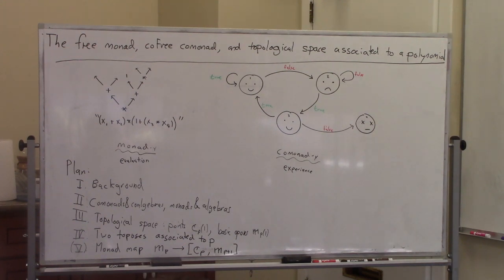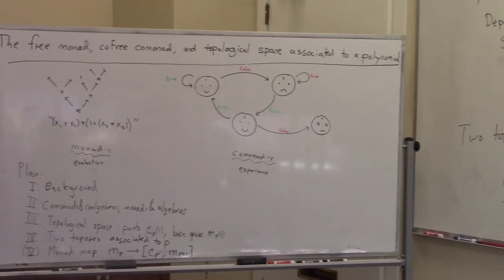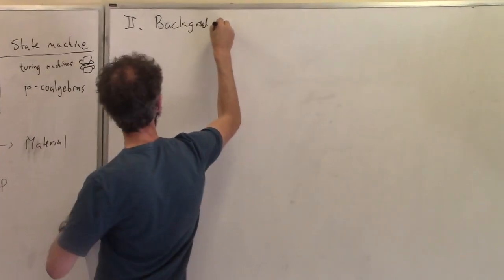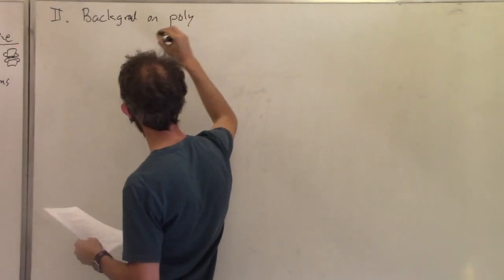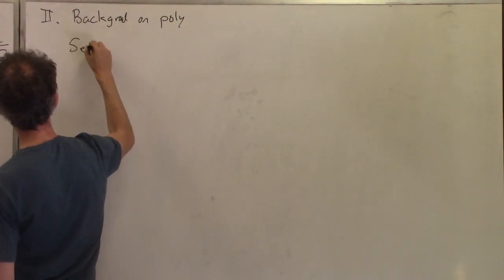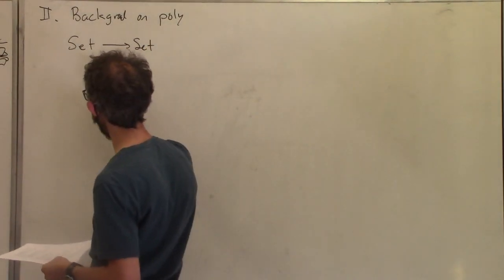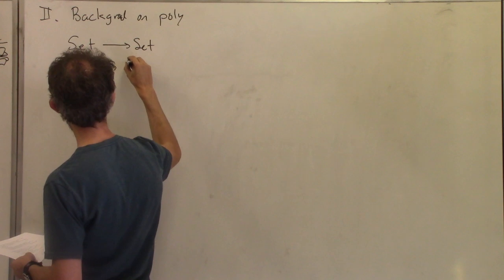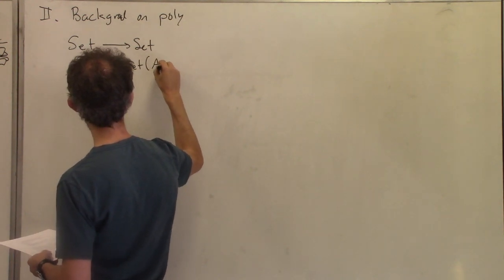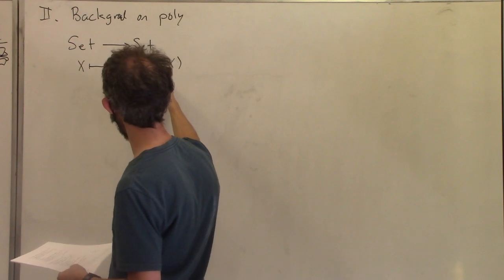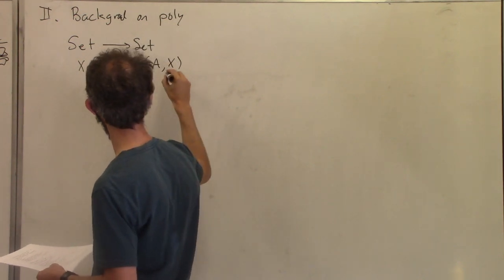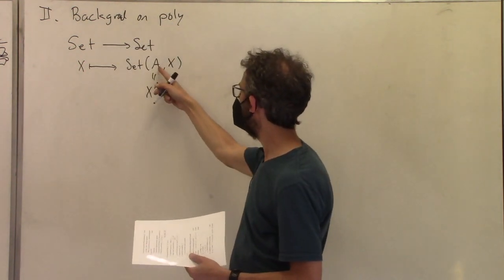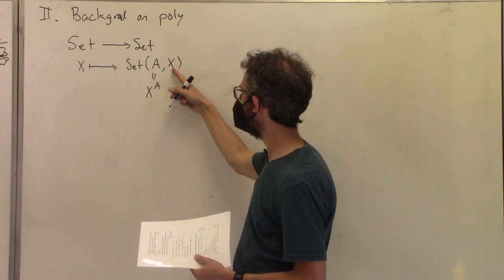Okay, you may have no idea what any of the things I've been saying are, so I'm just going to give you some background on polynomial functors. A functor from set to set assigns to every set another set. And one way you could do it is you could send X to the set of functions from A to X. So if you fix a set A, you could send X to this thing, and the number of elements of that is X to the A. For example, if A is 0, the set with 0 elements, Homs from that to X is 1.